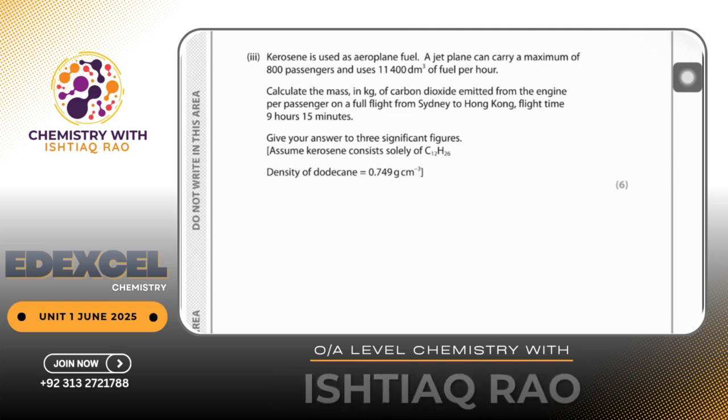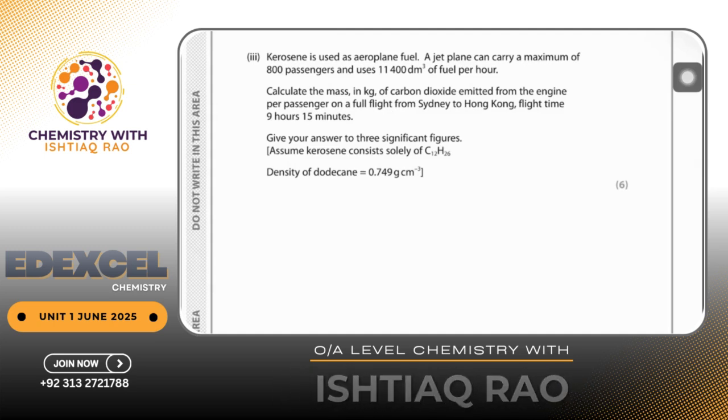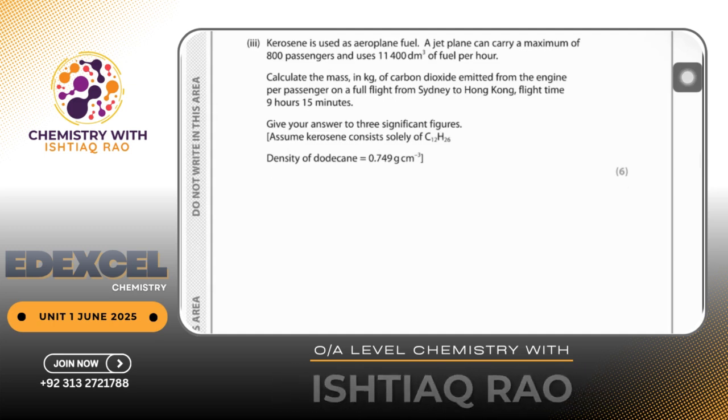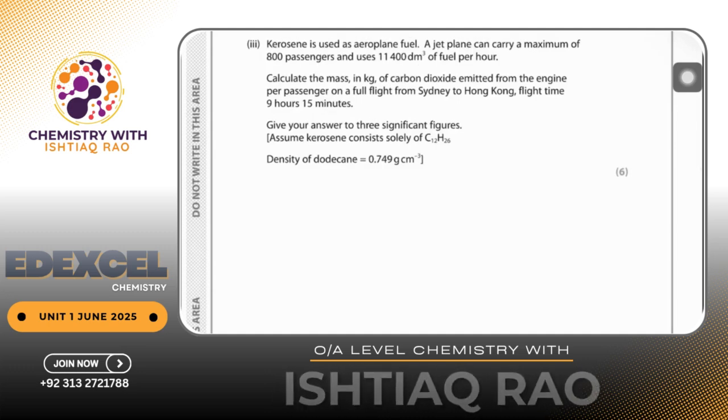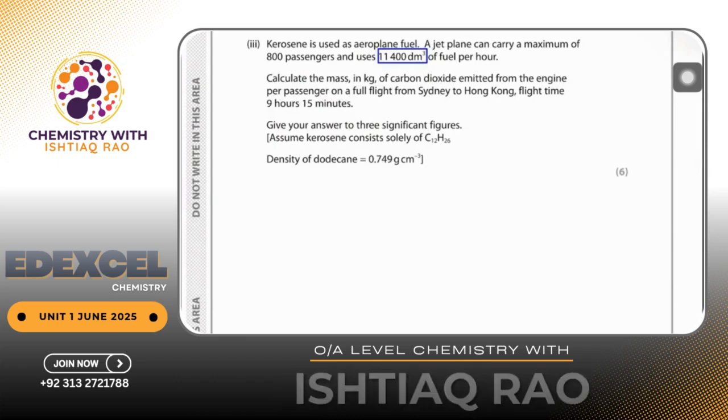So basically, I have to find out how much fuel is used. I have to apply the formula, right? So I can say that they have given you the volume of fuel per hour.